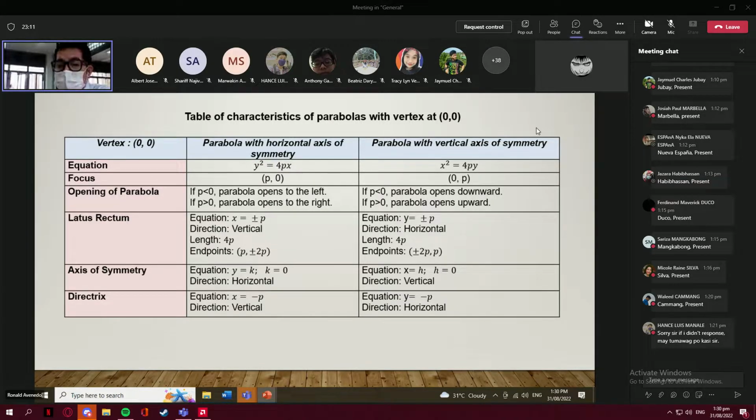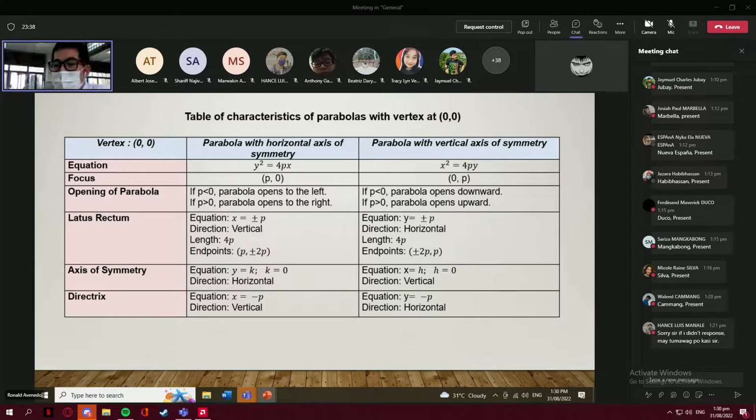Then on the third column, x squared, the equation is in the form of x squared is equal to 4py. X squared should be left on one side, better if it is on the left side. Then the rest should be on the other side, and x is raised to the second power. And in this form of equation, the parabola is open downward or upward.